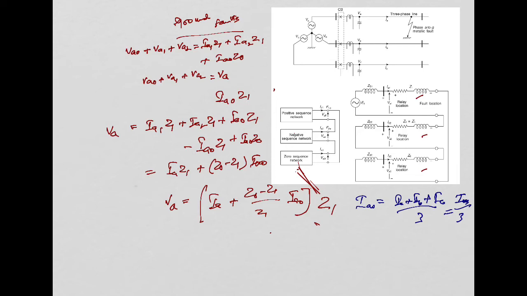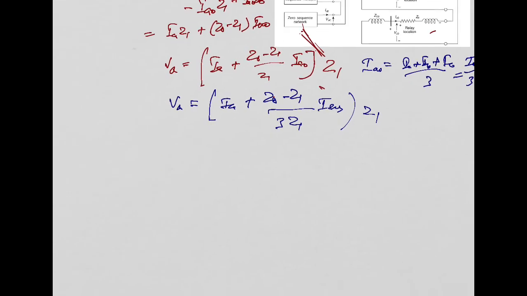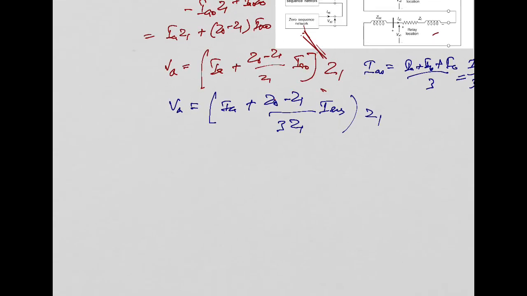And finally, the equation that we are getting is VA equals IA plus (Z0 minus Z1) divided by 3Z1 times I residual, into Z1, and then we get the desired impedance.